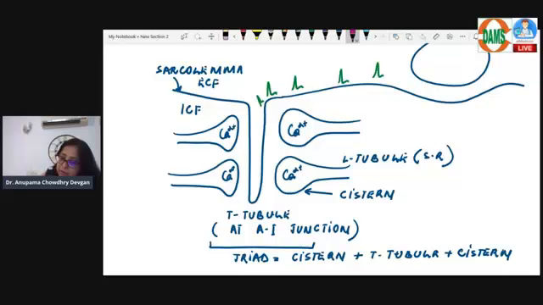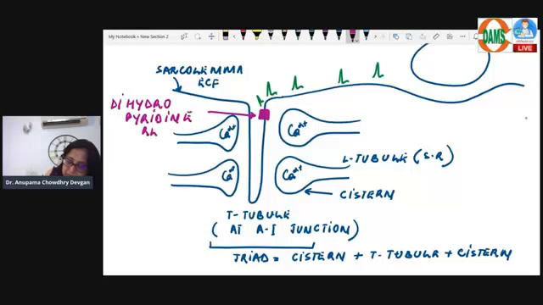And on the T-tubule, you have a receptor. This receptor is known as the dihydropyridine receptor, DHPR.